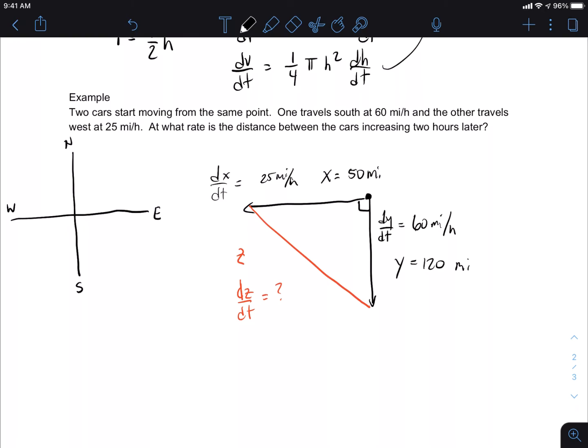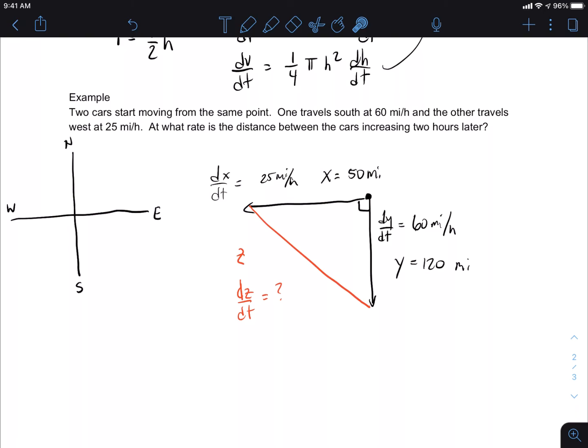Okay, just to make sure everyone can get this, if we're going 25 miles an hour consistently, after 1 hour, we go 25 miles, right? After 2, we would have gone 50 miles. After 3, we would have been at 75 miles, and so forth. This rate times the amount of time will give me this x, right? Also, here, this rate times the amount of time will give me this.